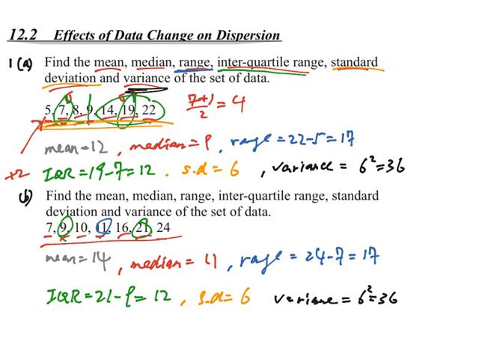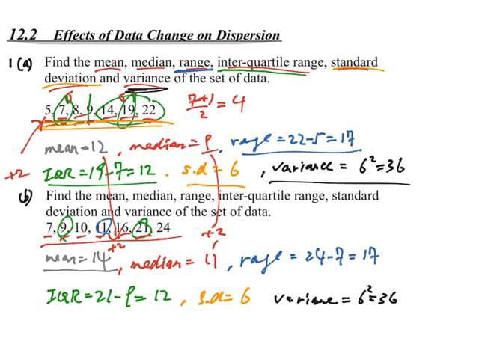And then you can see the mean. For mean, you see it is plus 2. So 12 plus 2, 14. And for median, 9 plus 2, 11. But for range, interquartile range, SD and variance, actually there is no change.